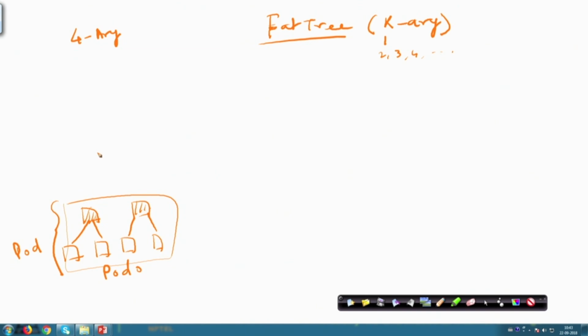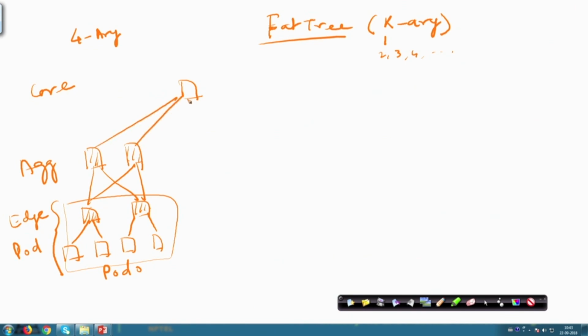So, this pod will again be connected to some other switches in this manner. And again this becomes your aggregation layer, this becomes your edge layer, and finally you will also have the core layer like before, where these are going to connect.